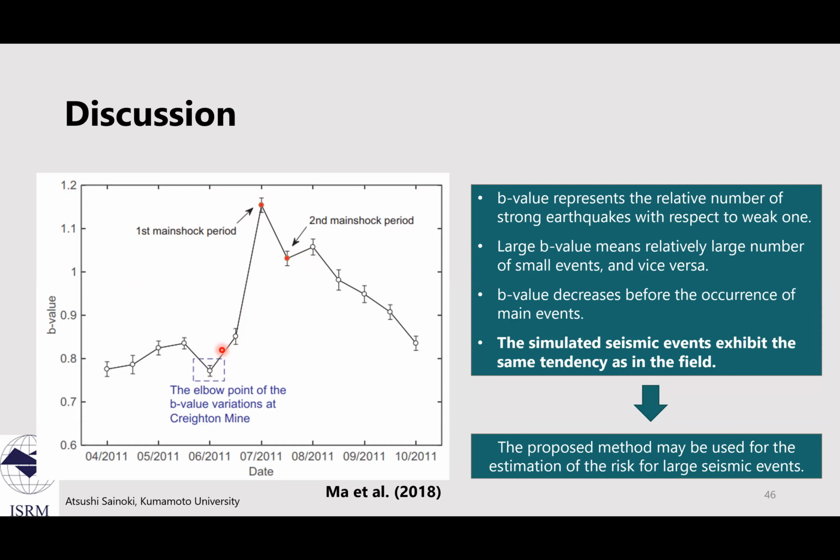Similar tendencies can be found in other studies. So these results and the comparison to the field measurement indicate that this proposed method may be used for the estimation of the risk for large seismic events in the field.